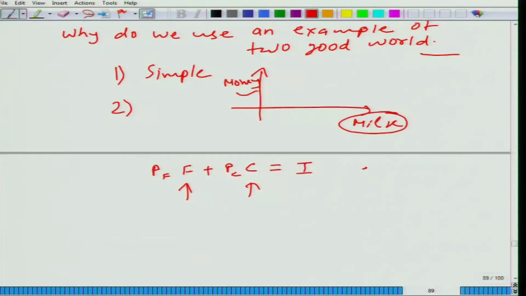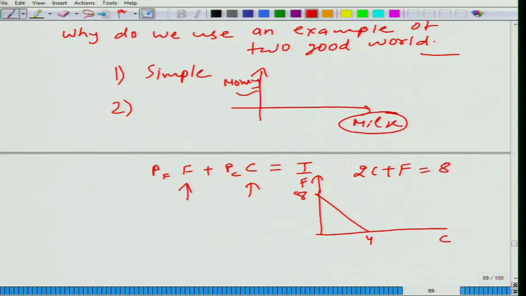In our earlier example, 2c plus f is equal to 8, and you get this line, 8 here, 4 here, with coconut on one axis and fish on the other. Now let us double everything. What do we get? 4c plus 2f is equal to 16.